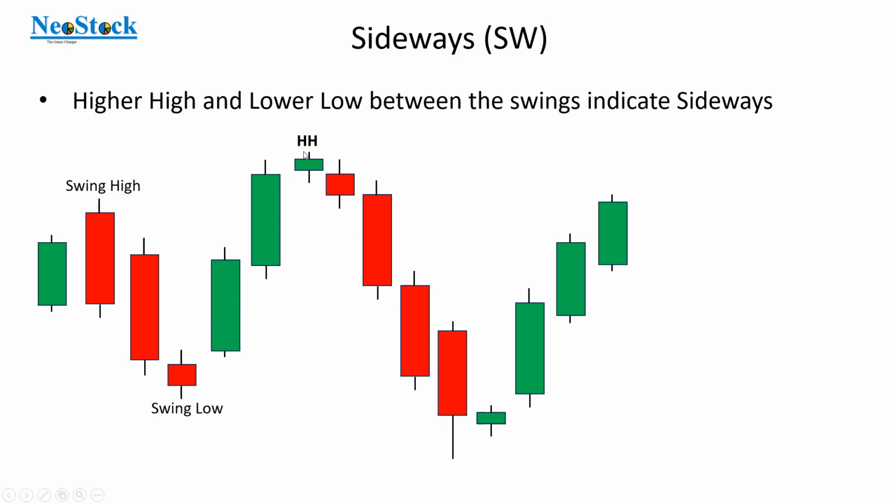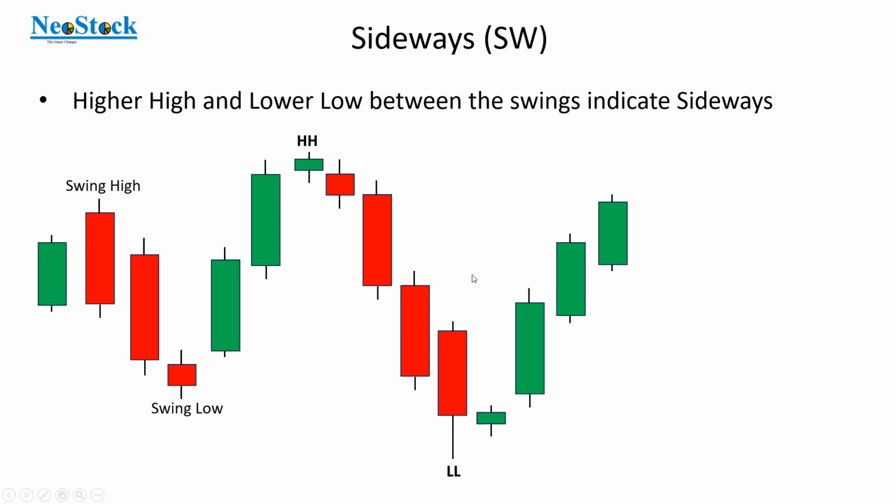Compare with the previous swing. Compare the lows between these two swings. Now the present swing low is lower than the previous swing low. So it is lower low, that is LL. What does this say? This is higher high and this is lower low. Between the swings it indicates sideways. That's why it is a sideways market.